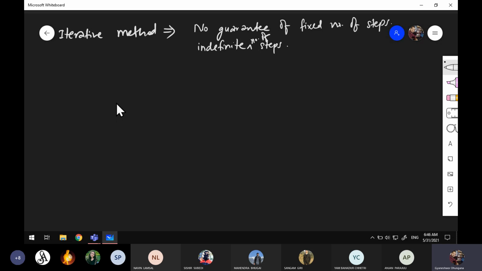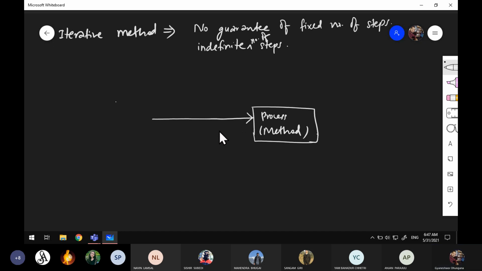First of all, we'll have a fixed process, we can say process or method, which is the main part of the solution, and we give an input number, maybe a single number or a set of numbers, as input to the process.